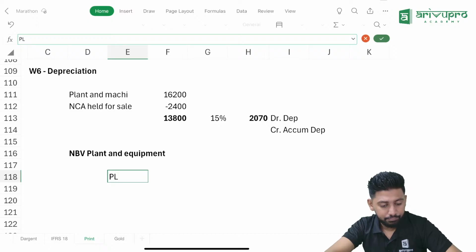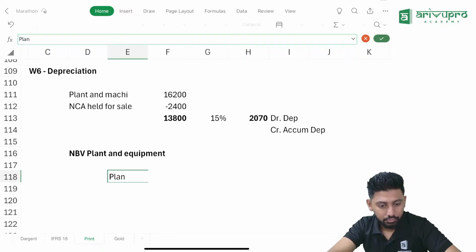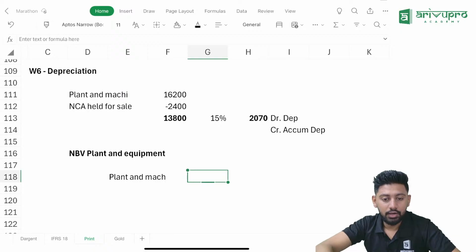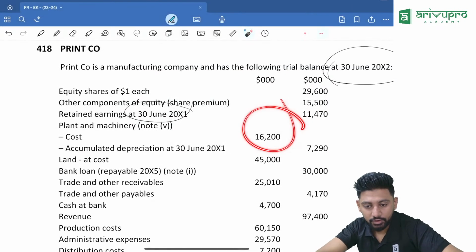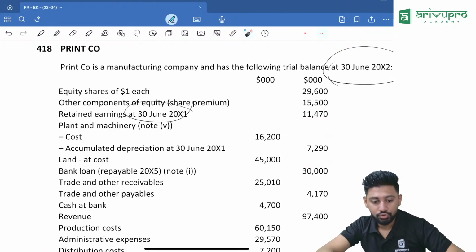So plant and machinery, I have how much? I have 16,200 as my cost, and I already have accumulated depreciation of 7,290.